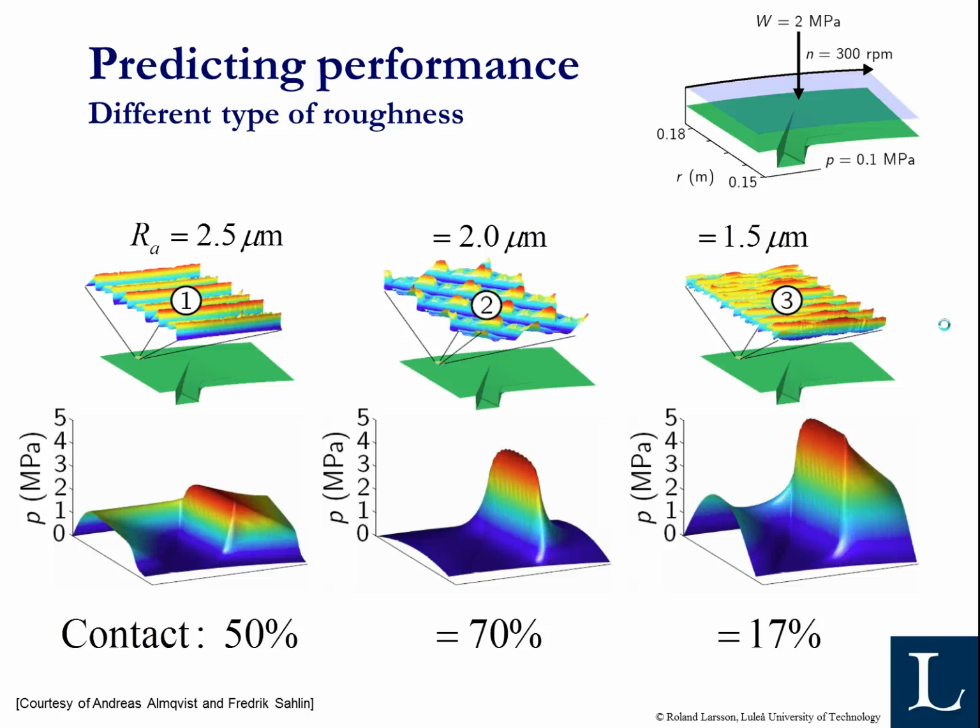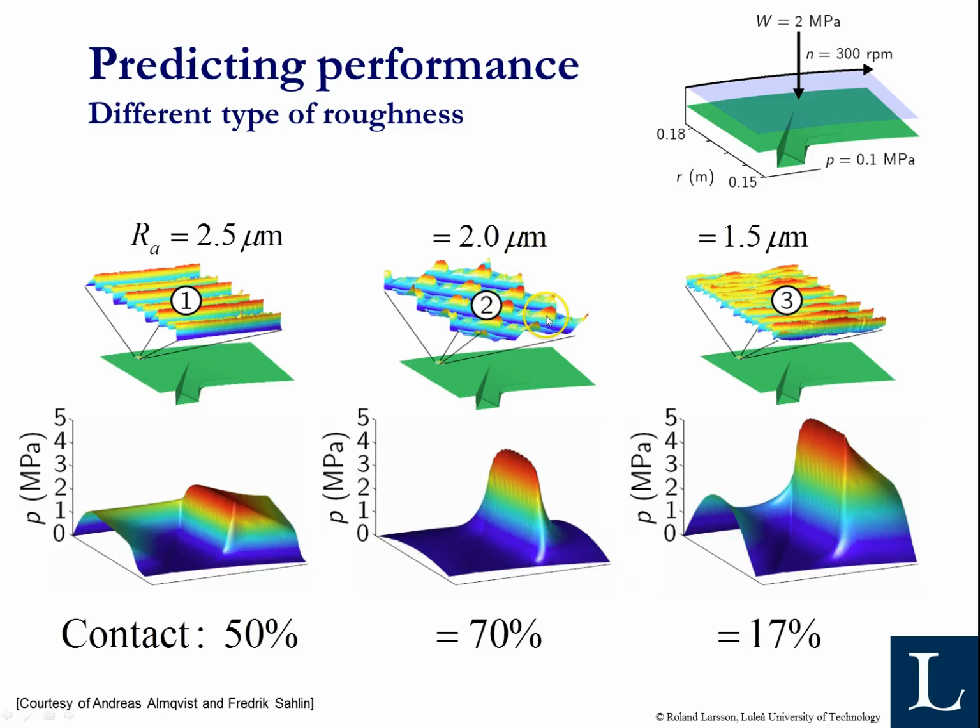This is a simulation result, and shows that again RA is not a perfect measure. It's about predicting the degree of mixed lubrication, and in this case it's a RA of 2.5. In that case we predict the degree of contact, the degree of boundary lubrication, to 50%, while if we take another surface with a lower RA, we can predict it to 70% contact, still a lower RA.